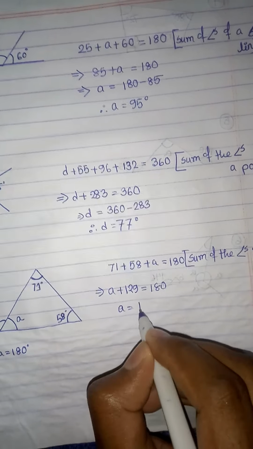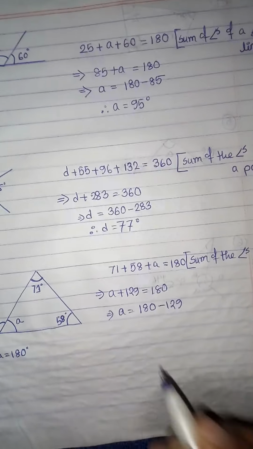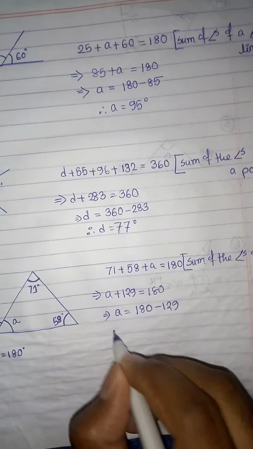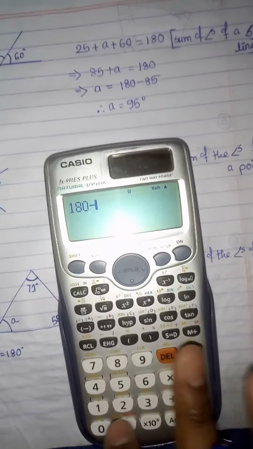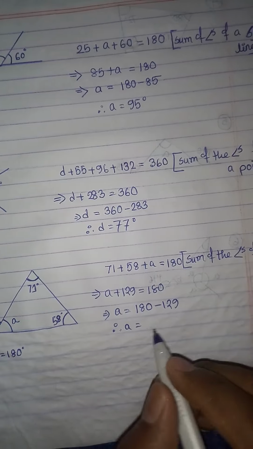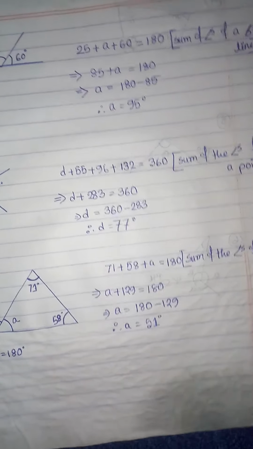So A equal to 180 minus 129, that is 51. 51 degrees is the value of A.